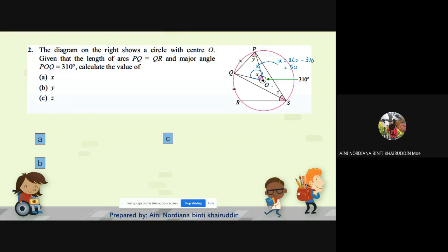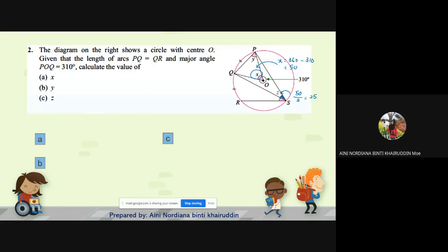Next, you can calculate this angle. So this angle equals to 50 divided by 2, because this angle is at the circumference and the angle at center is 50. So angle at circumference 50 divided by 2 equals to 25.